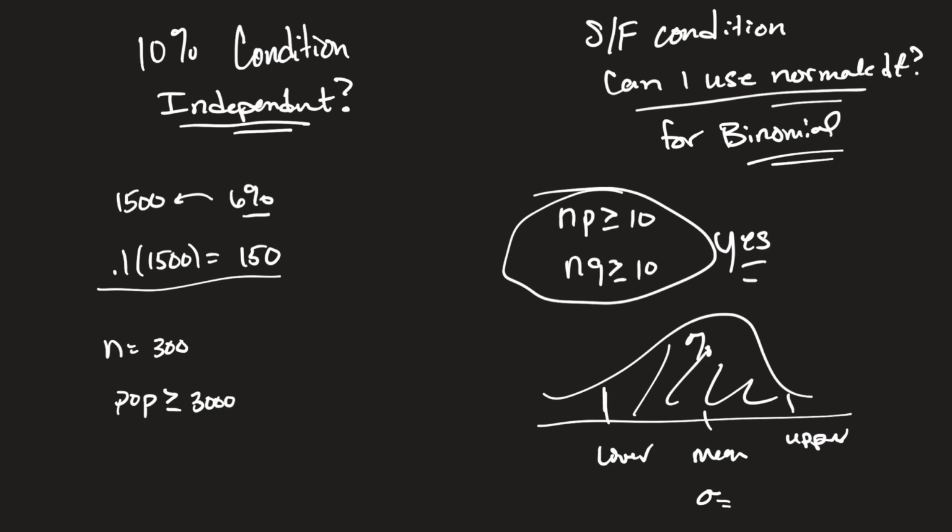How many expected successes am I going to have? n times p, that's actually your mean. And how many expected failures? Either way, the sample size needs to be large enough to make it turn into a normal distribution. We're going to draw the line where you have to have at least 10 each of expected successes and expected failures.